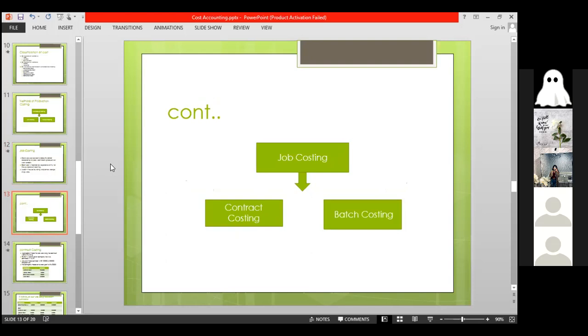Batch costing is used mostly in food manufacturing or medicine manufacturing. What they do in batch costing is every day is a separate batch. So let's say the company says they are going to produce 100,000 capsules of a particular medicine. That becomes one batch of that product, while the thing that will be produced tomorrow will be another batch.